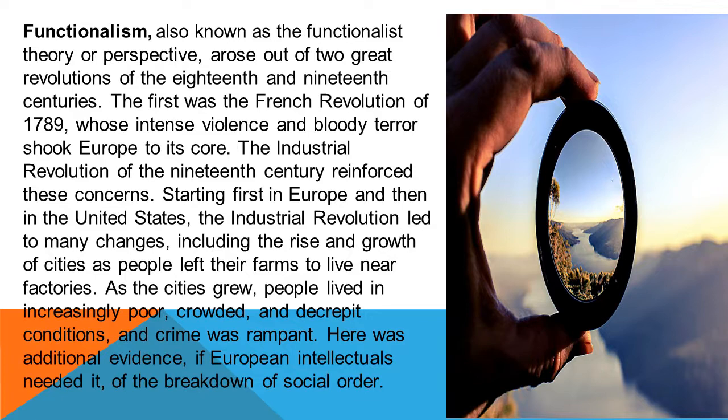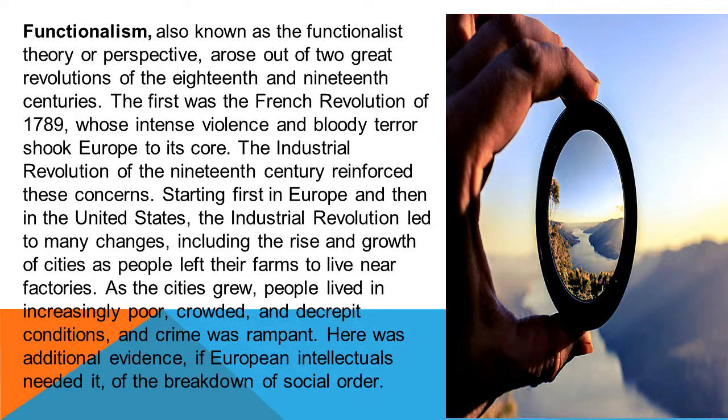The Industrial Revolution of the 19th century reinforced these concerns. Starting first in Europe and then in the United States, the Industrial Revolution led to many changes, including the rise and growth of cities as people left their farms to live near factories.